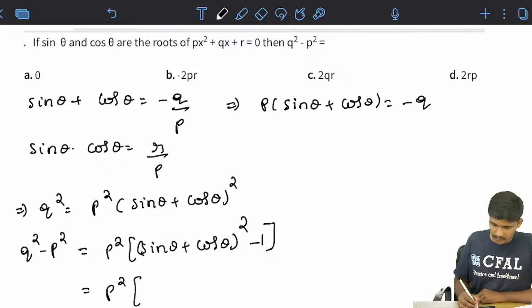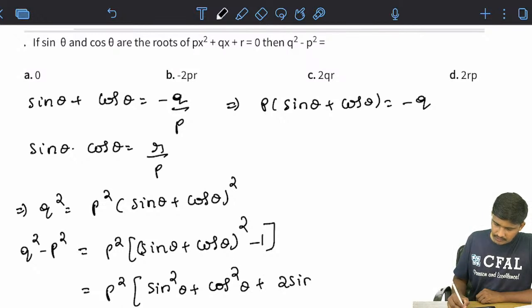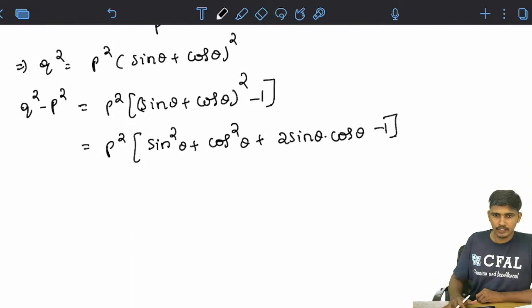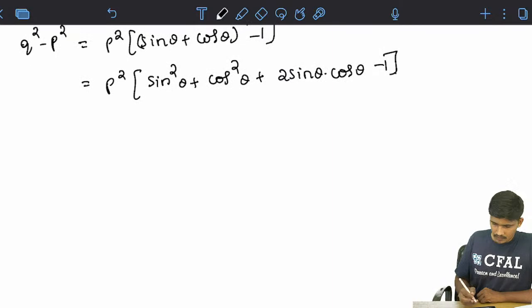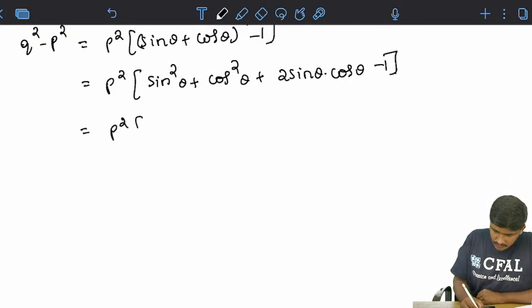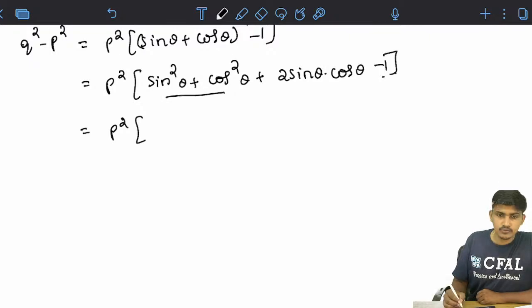That is just sin square theta plus cos square theta plus 2 sin theta into cos theta, right, minus 1. So this is equal to p square. What is sin square theta plus cos square theta? That is just 1, right? So this 1 and the minus 1 get cancelled. This is just 2 sin theta into cos theta.